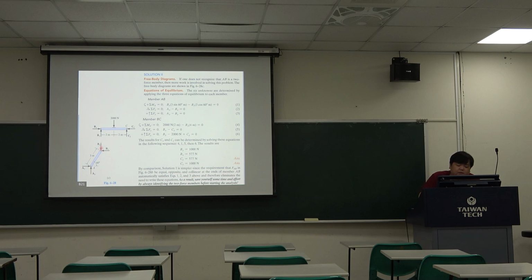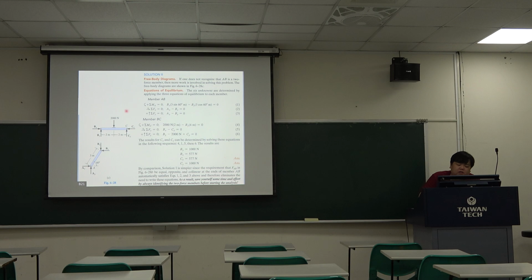We can use this force times this force and this force times the moment arm. Then these two forces let the moment at point A be equal to 0. And we can also do the summation Fx, summation My equal to 0. Then the equations look like this.